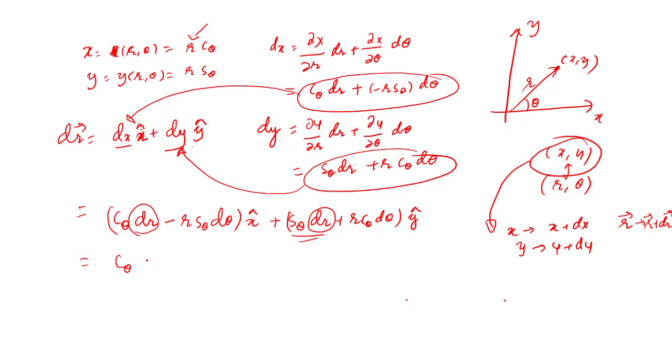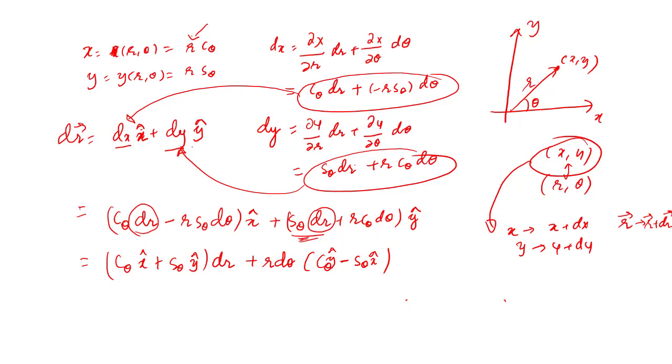So let's just say dr times cosine theta along x plus sine theta along y, both have this dr term, right? And similarly, plus if I do r d theta, then I would have cosine theta minus sine theta. And cosine theta is along y-axis, and sine theta is along x-axis, right?